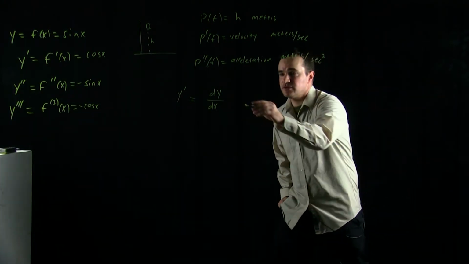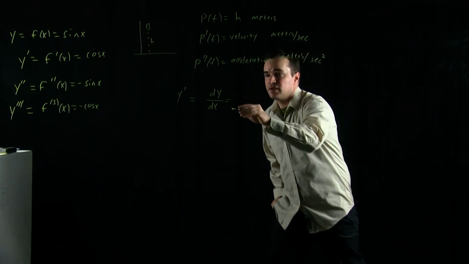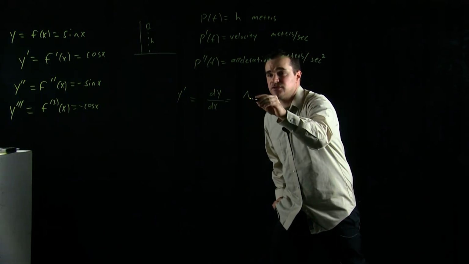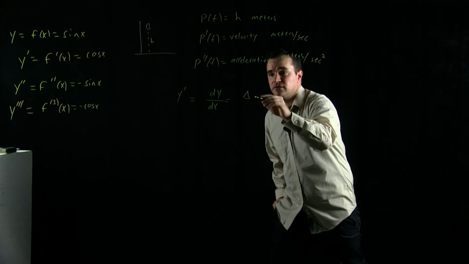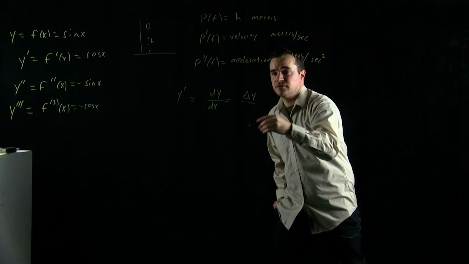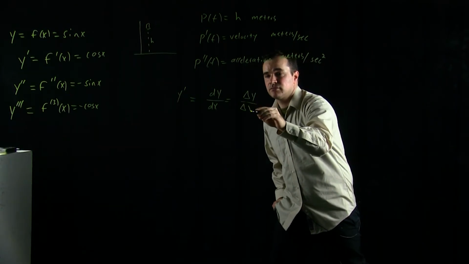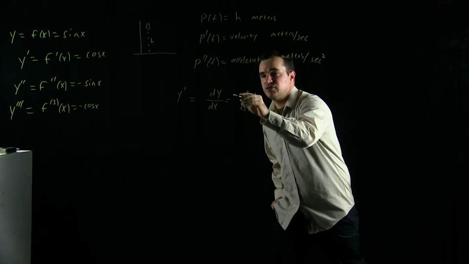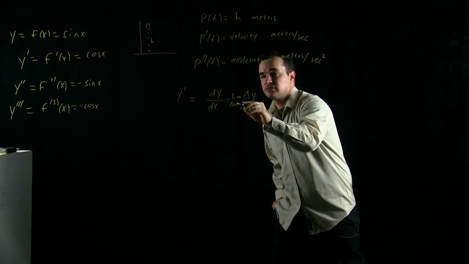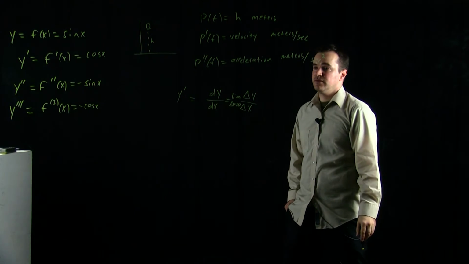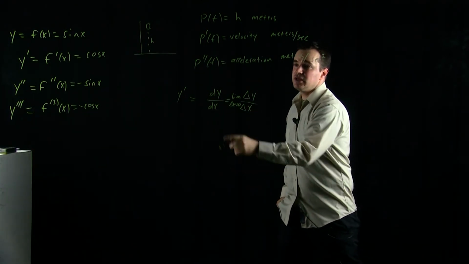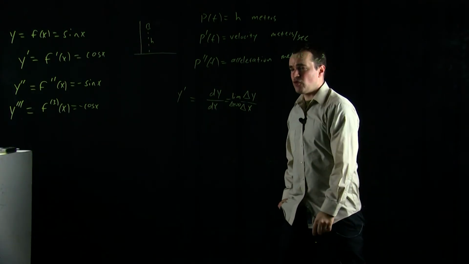You may have seen the delta, the triangle, used for the difference when finding the slope of a line. Delta for difference. So that's your difference quotient, and then you have to take the limit of the difference quotient to get the derivative. What Leibniz did, to make a shorthand for that limit, was just write dy over dx.